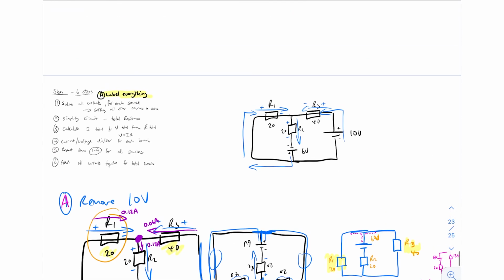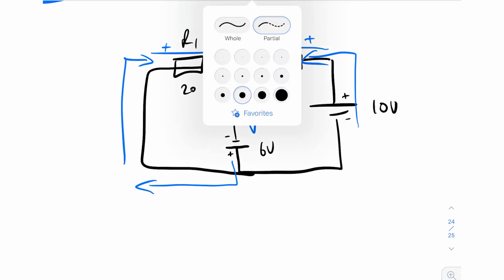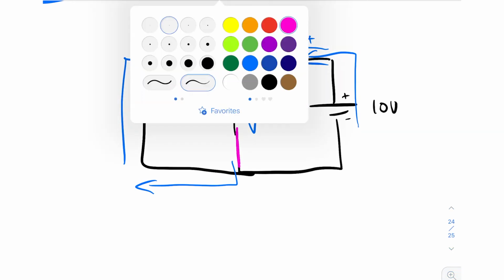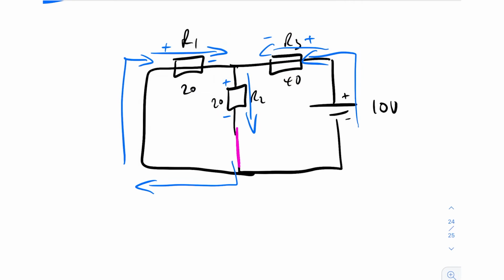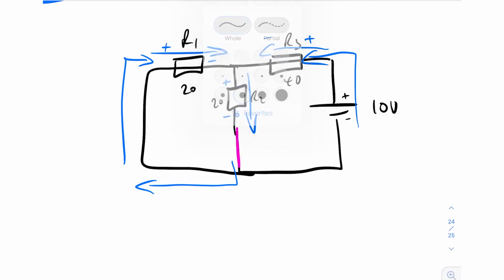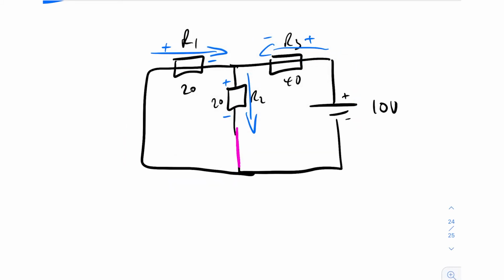Okay, let's copy our circuit. Okay, let's remove 6 volts. So again, since it's a voltage source, we replace it with a short circuit, and then now we've got our 10-volt circuit, and let me just remove some of these. Okay, so we've labeled these blue arrows here are for the original current direction that we chose.